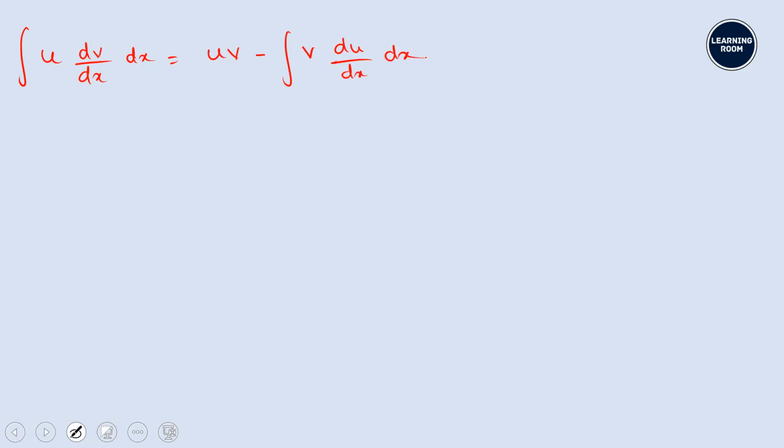Right? Where u is f of x, dv by dx is basically g of x. Right? And du by dx is f dash of x and v is integral of g of x dx.